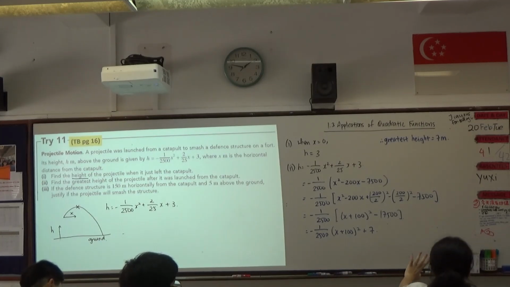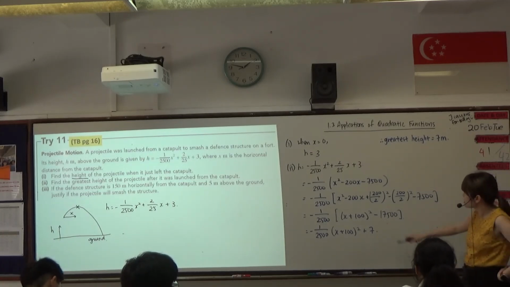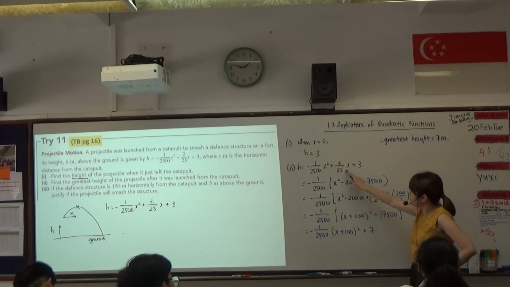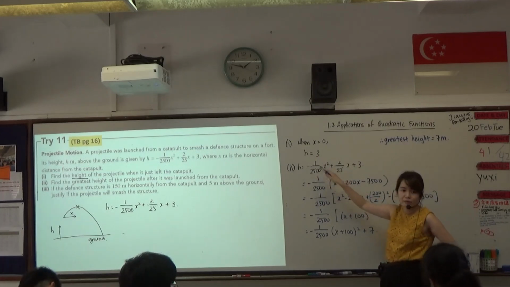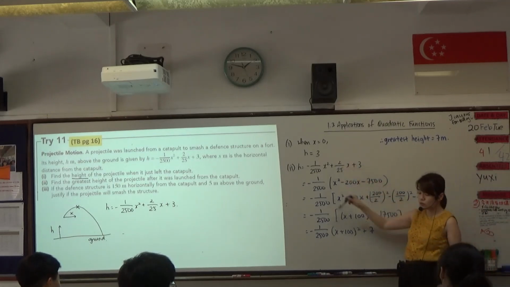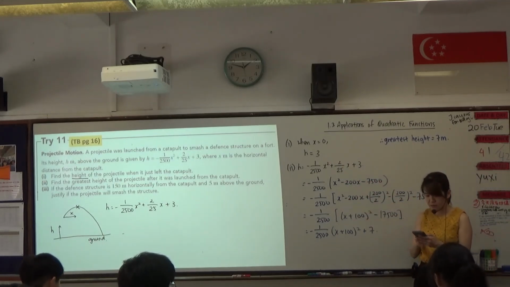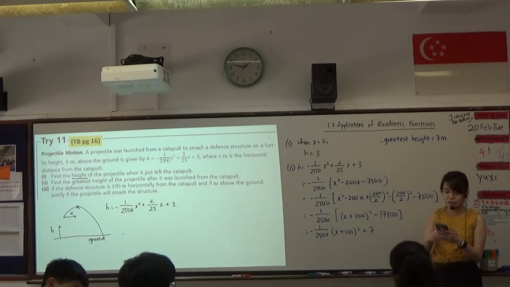How do I get what? 2 over 25 divided by 1 over 2,500. So I factorize out negative 1 over 2,500. I take 2 over 25 divided by 1 over 2,500, right?